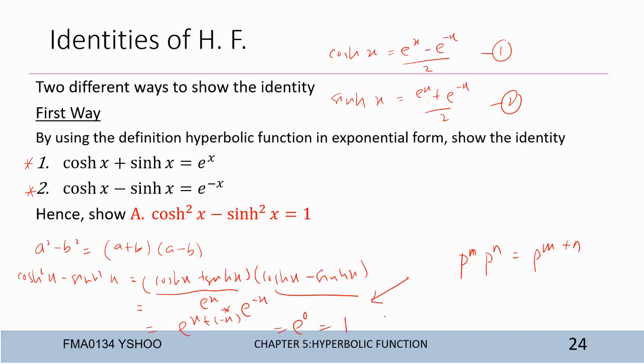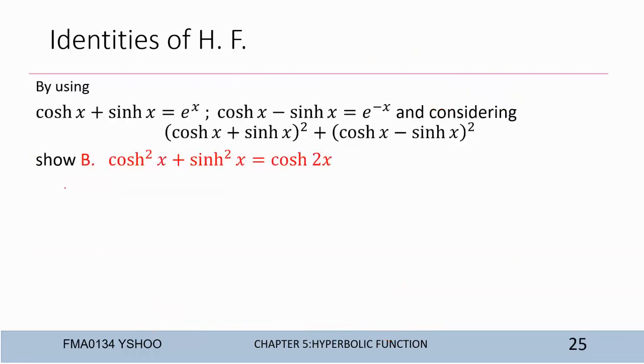So we have shown the right-hand side. This is the first way, using the definition. The basic definitions are from number 1 and number 2, which lead to star A, star 1 and star 2.